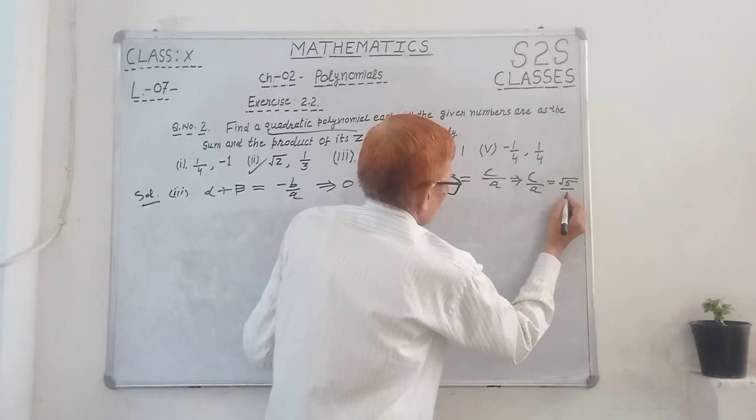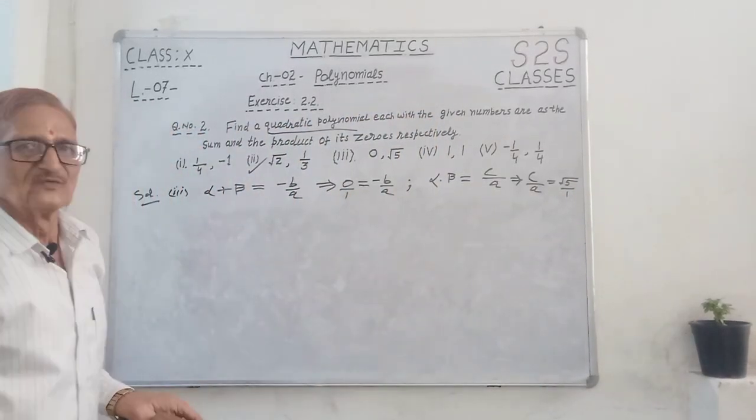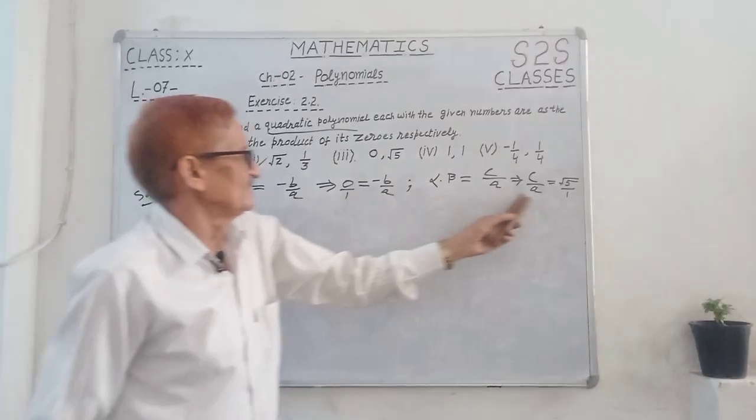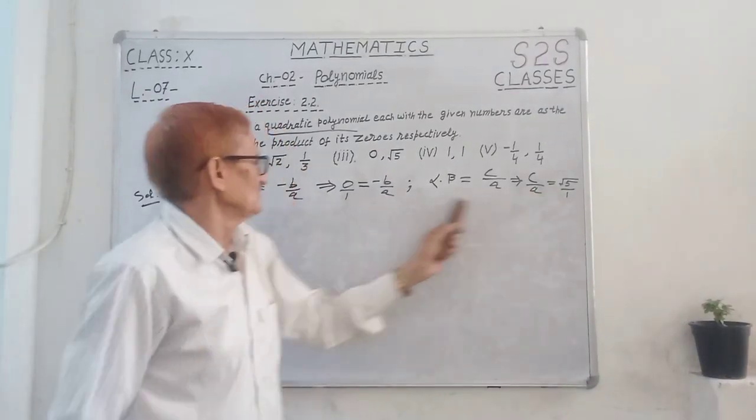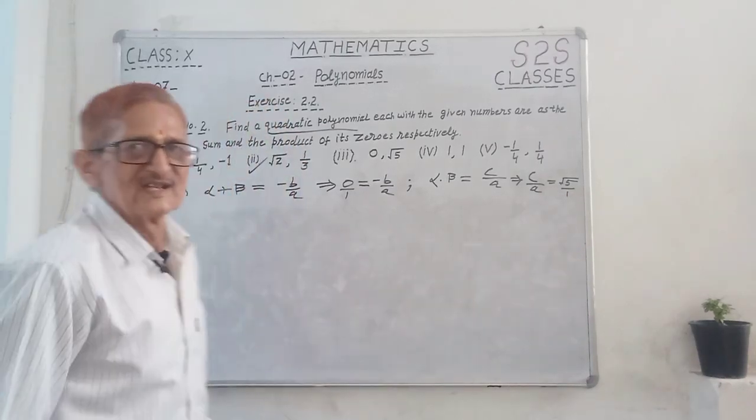Product given, so no denominator, then 1. Here there is no denominator, so 1. So what is the LCM of the denominators in both, the product of the zeros and the sum of the zeros? The denominators are 1 and 1. So the LCM is 1.